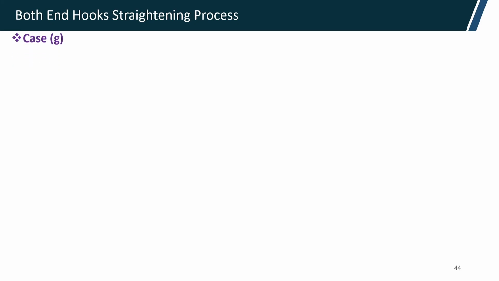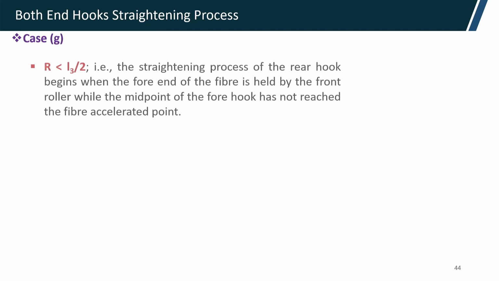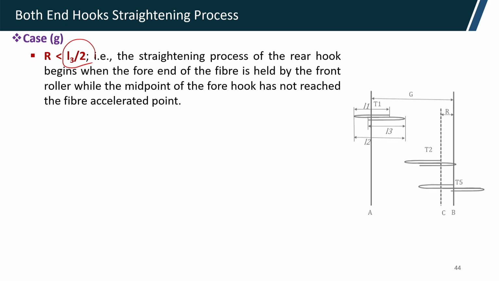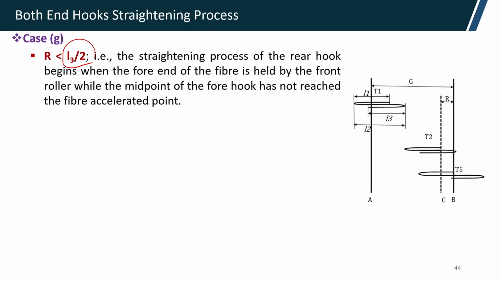Now, case G where R is less than half of the leading hook distance. You can see here that R is less than half of this distance. What does it mean?